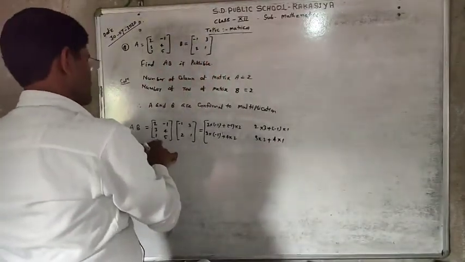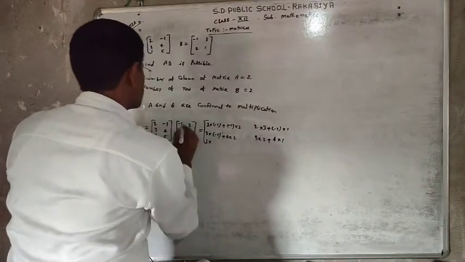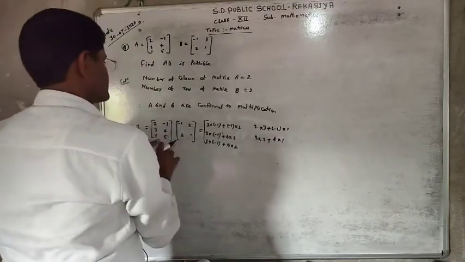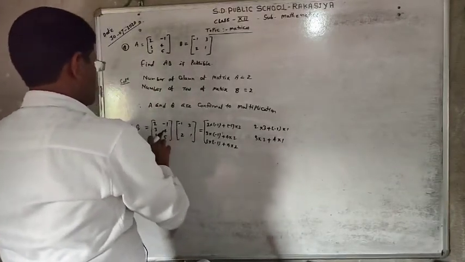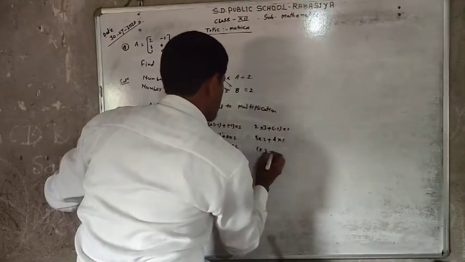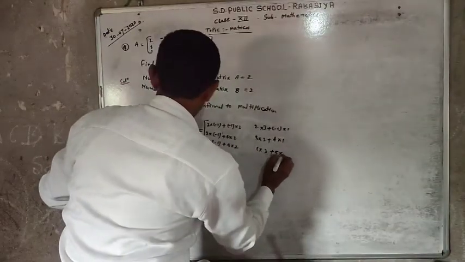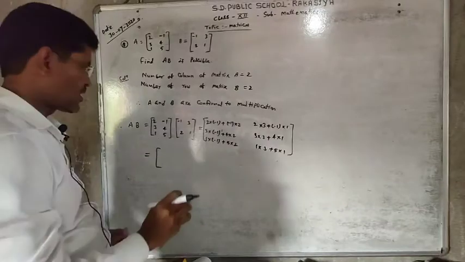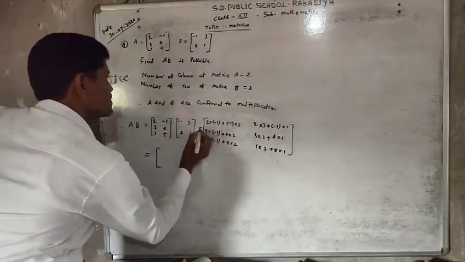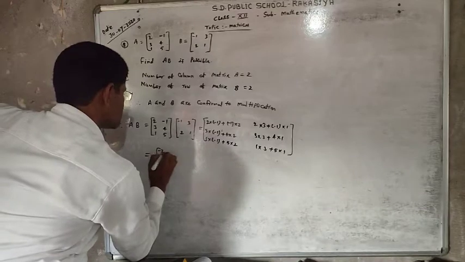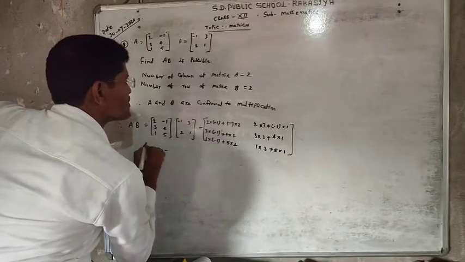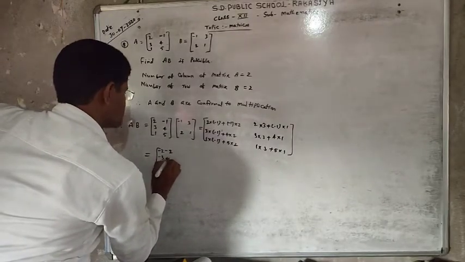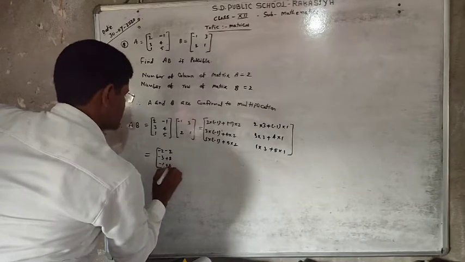Now from the third row, 1 into -1 plus 5 into 2, and 1 into 3 plus 5 into 1. The results are -4, -2 and -2, -3 plus 10, and -1 plus 10.